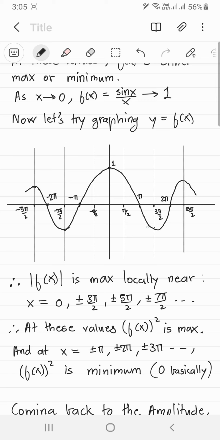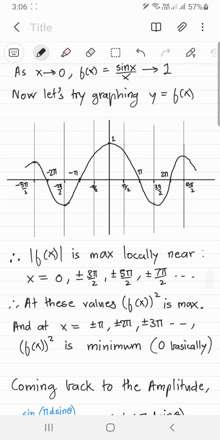So it will after that start increasing, and then it will increase till 5 pi by 2, and it keeps on happening, and it will basically become 0 at 2 pi because sine 2 pi is 0. So at n pi, this value just becomes 0. Well, I should not say amplitude, I should just say sine x upon x, because we have not yet got to that amplitude function yet. So at n pi, f of x becomes 0.